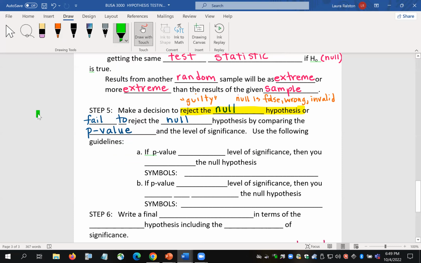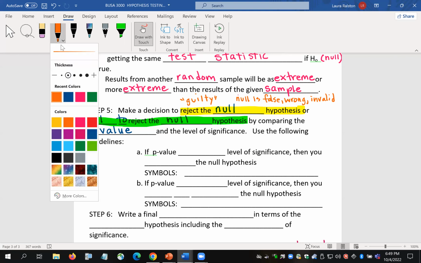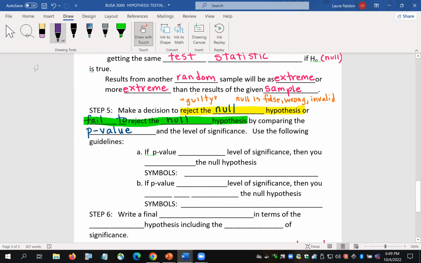The other phrase, and it's again important to note this, is fail to reject the null hypothesis. You should not, do not ever use the phrase that you're going to accept, and I'm going to write it here and then I'm going to erase it. You should never say you're going to accept the null hypothesis.